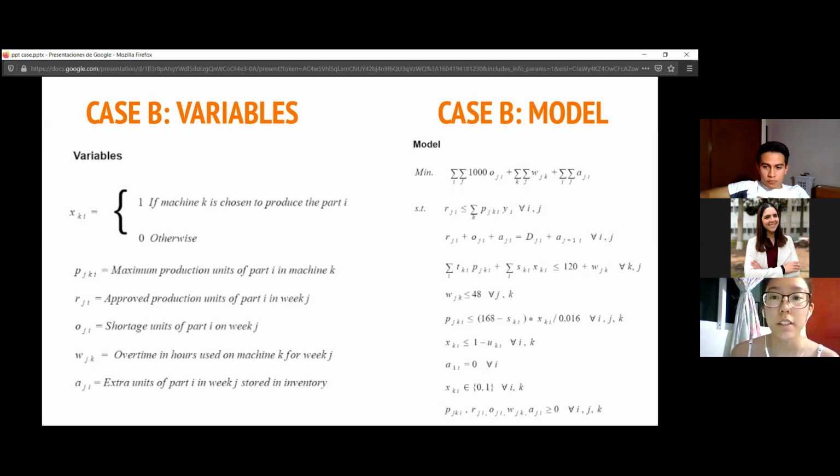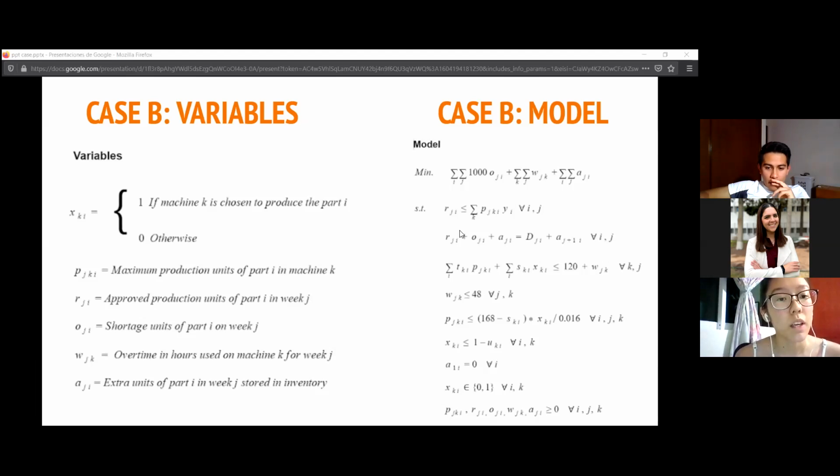The model for case B is exactly the same as in case A, except for the addition of the variable of the inventory A. This variable is added in the objective function in the minimization, since we want the least amount of inventory, thus having the least surplus as possible and only having units in inventory when necessary.